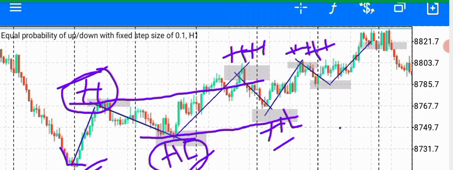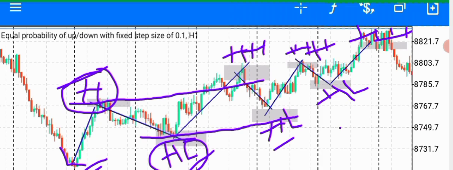So we are considering the closure of the candle body, which is higher than this previous one, and then it came down again. It makes another higher low and creates another higher high. So this is how the market is formed.